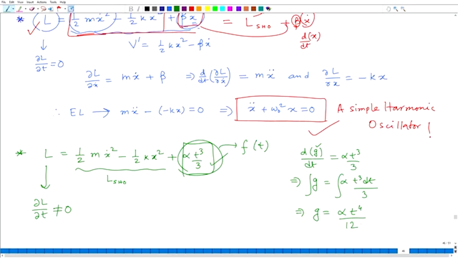Okay. So, actually if I say that G is alpha t to the 4 by 12, then dG/dt will simply be alpha t cube by 3.